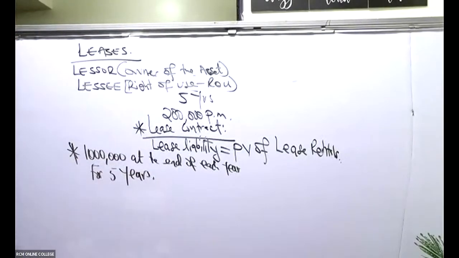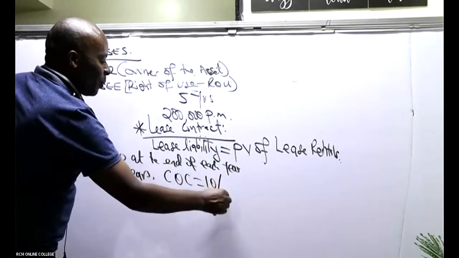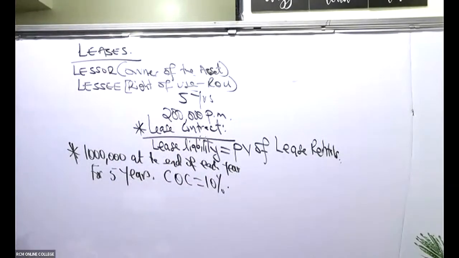In this case, the lease rental is 1 million shillings every year, at the end of each year, for 5 years. And they have given us the cost of capital, the COC, as 10%.